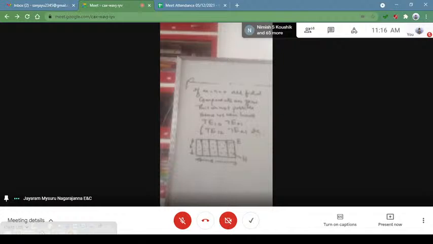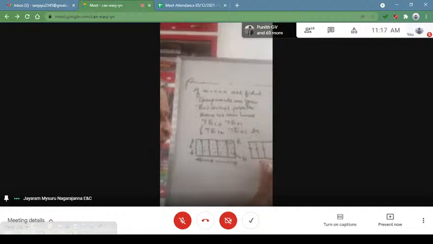If we take the cross section of the waveguide, the electric and magnetic fields will be in this form, such that if you see the side view of the waveguide system, the electric field will be in the form of circular loops, like this. But connectivity is not possible inside the system.